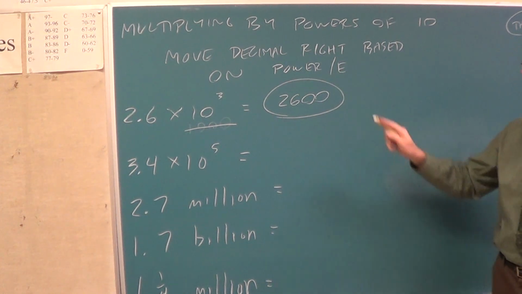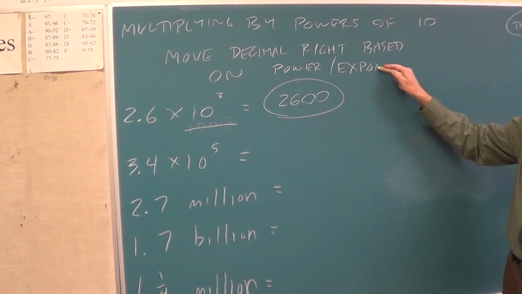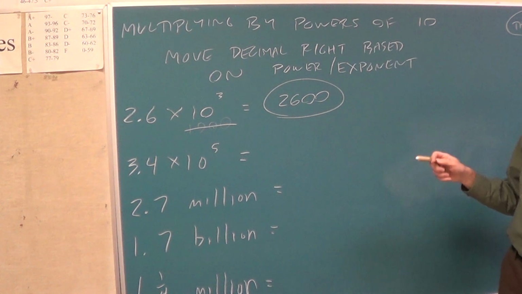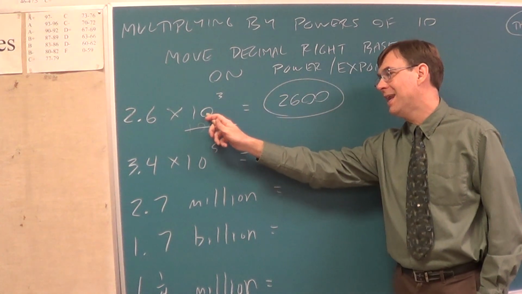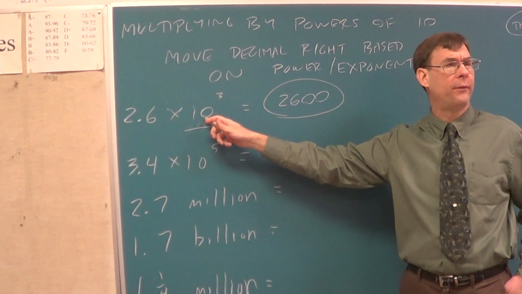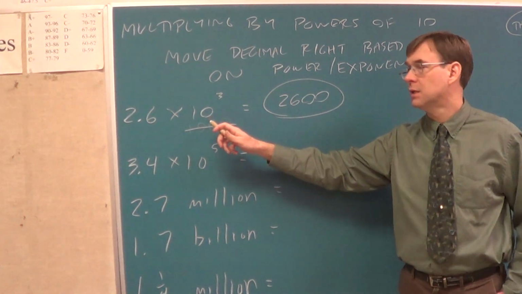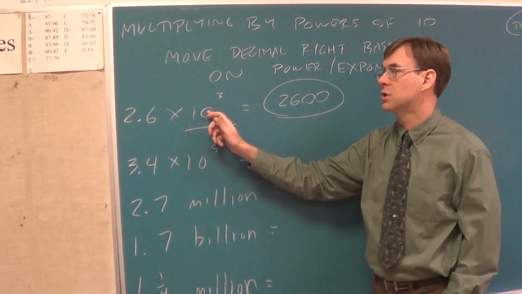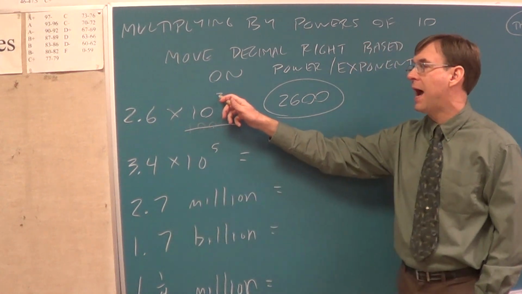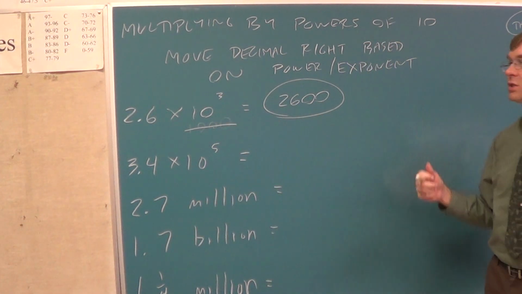Actually, exponent. So whether you call it a power or an exponent, it doesn't matter. But if we have 10, anybody remember what the 10's called? Base. So if 10's the base, and we're supposed to be multiplying, the power is going to tell you just how many spaces to move.